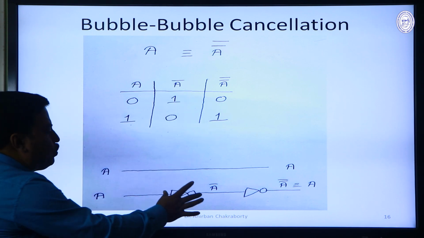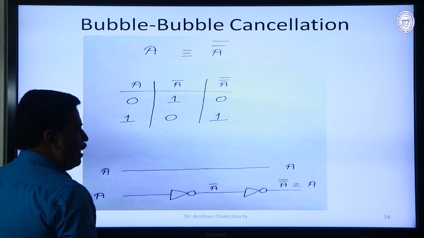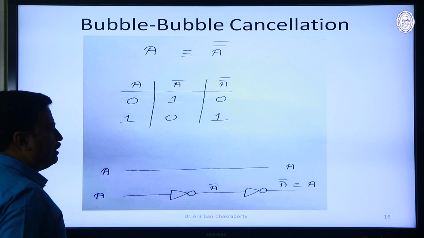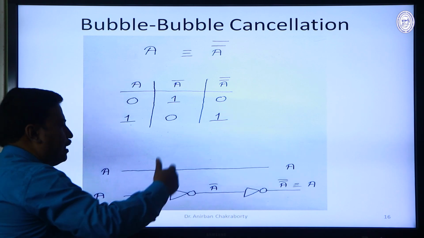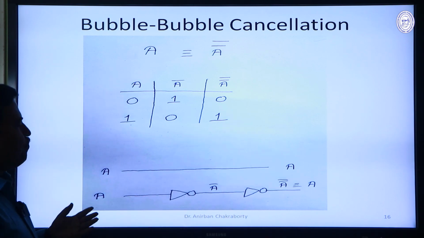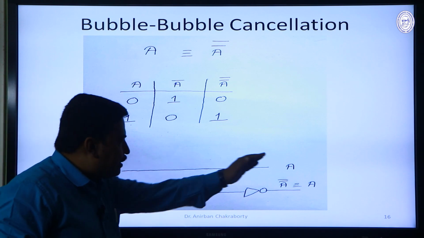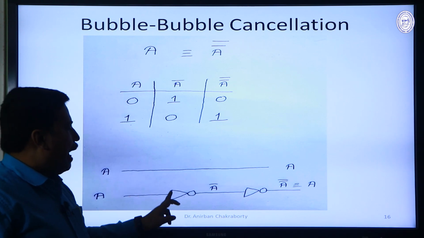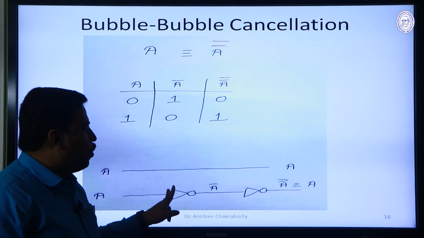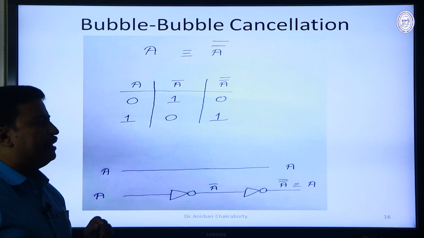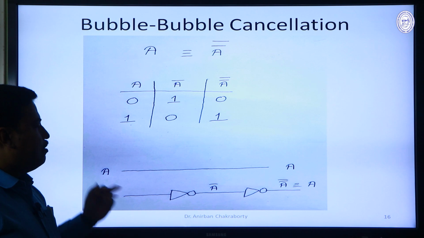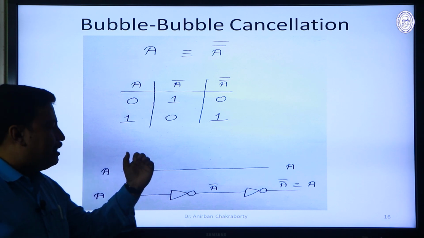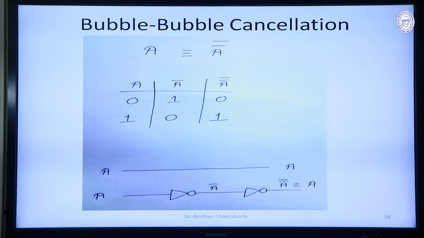Means if 2 NOT gates are there one after another, I will get back the original value without any change. So applying nothing or applying 2 NOT gates one after another are synonymous. So I can easily use this. Using this trick, we have achieved our goal.